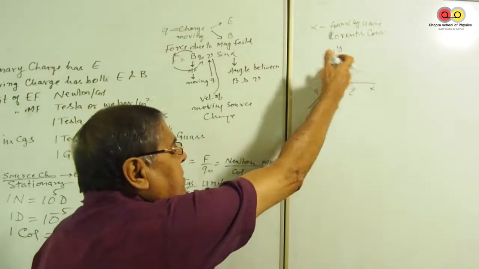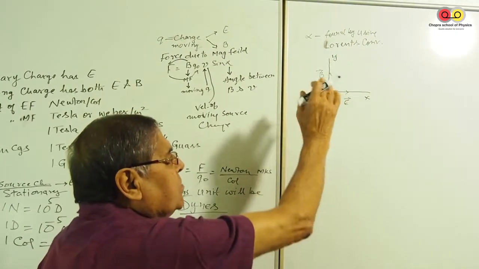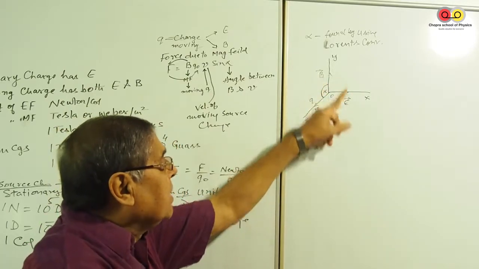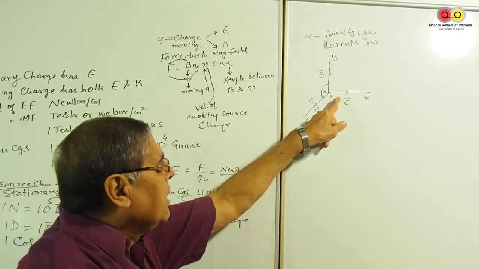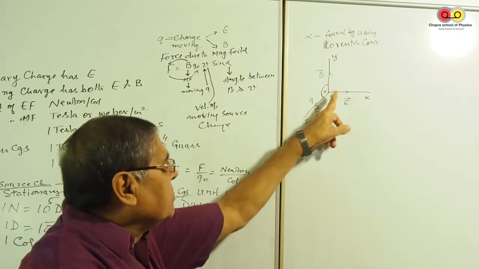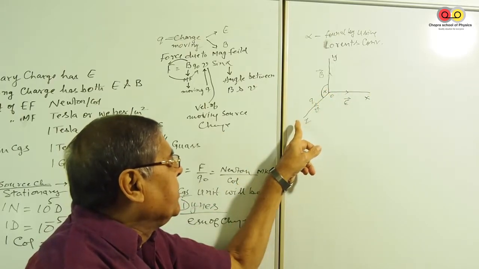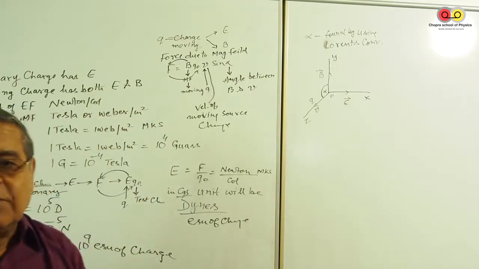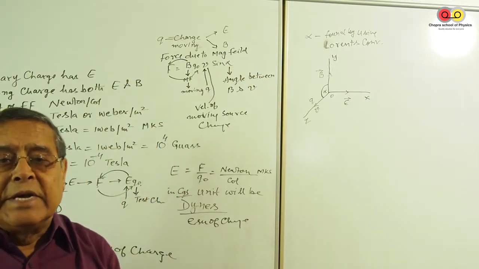Out of three axes, one of the axes will be for electric field, it can be this one also. Then magnetic field will become this one and this will be the motion of charge. Or if this is electric field, this is magnetic field, then this will be the motion of charge. So choice of axis is arbitrary.